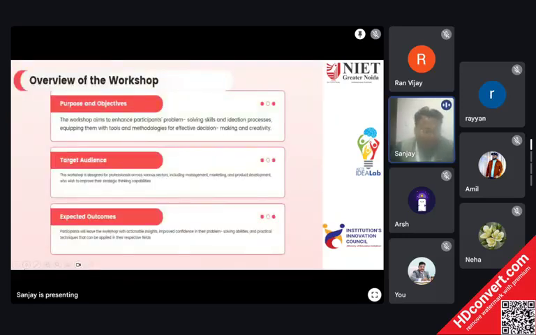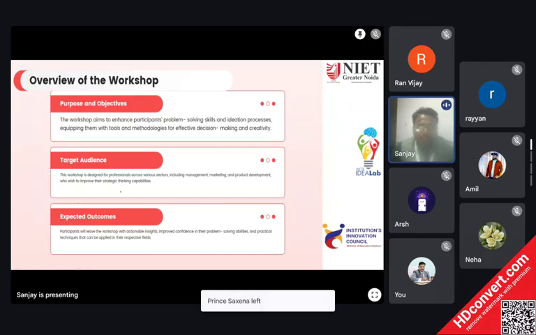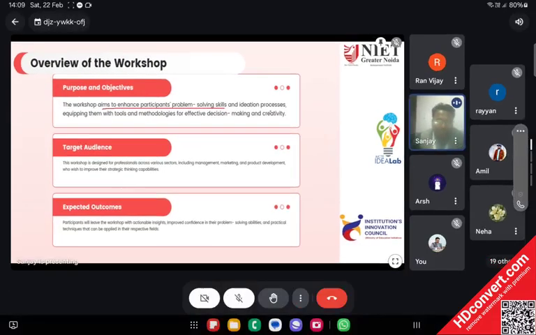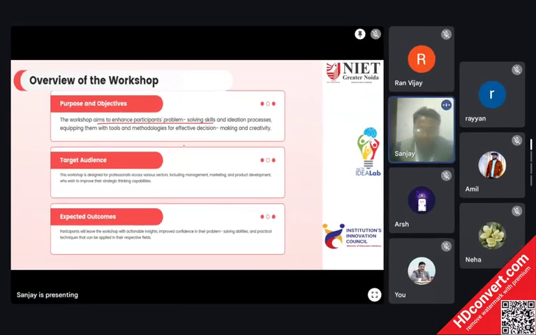The purpose of this session is to enhance problem solving skills, which is the main idea of this workshop, and also to enhance the ideation process, so you are equipped with methodology that can be used in ideation and problem solving techniques.